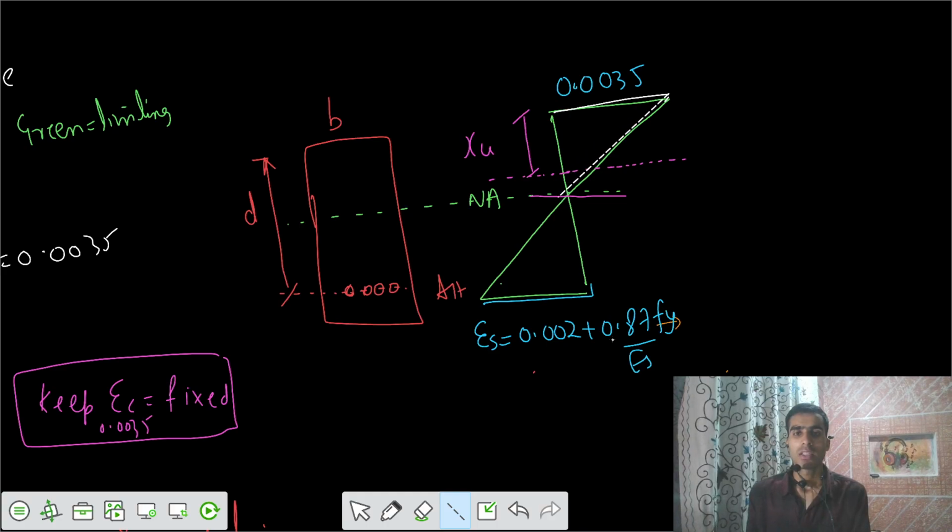This is the neutral axis corresponding to xu lesser than xu limiting, and the strain varies linearly, proportional to the distance from the neutral axis. So the diagram would be in this fashion.